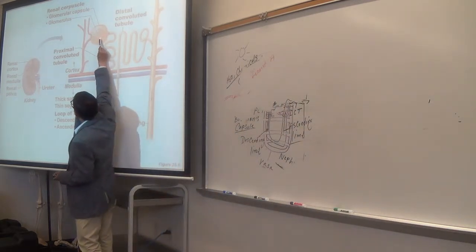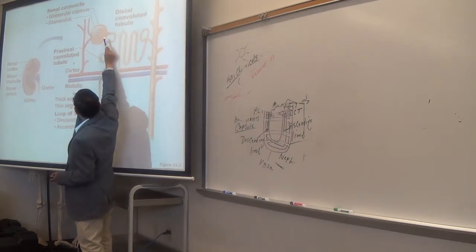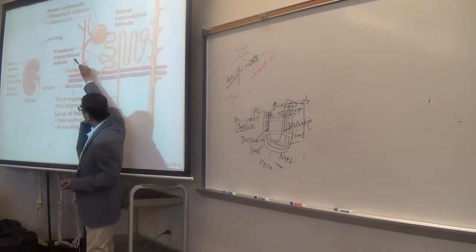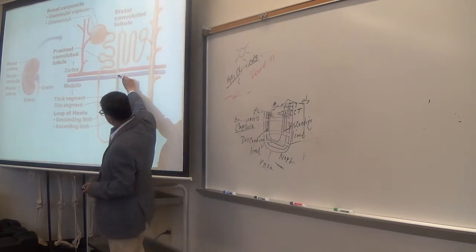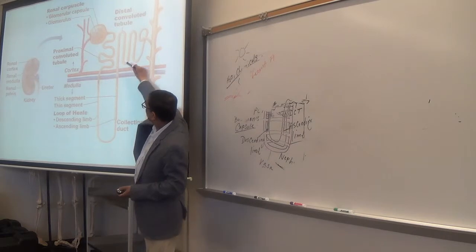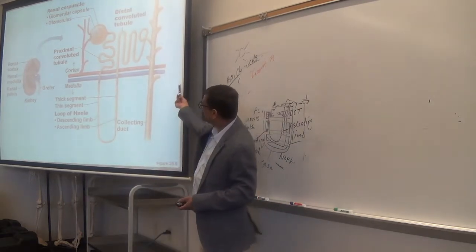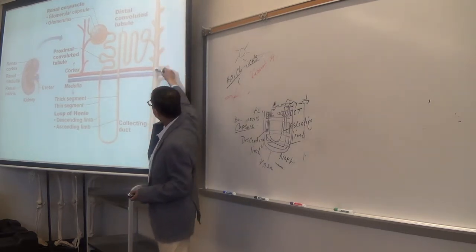This is the glomerulus, afferent, efferent. This is the Bowman's capsule, okay? And this is the proximal convoluted tubule, loop of Henle, descending, ascending, okay? Then distal convoluted tubule and collecting duct. A number of distal convoluted tubules enter into the collecting duct, okay?